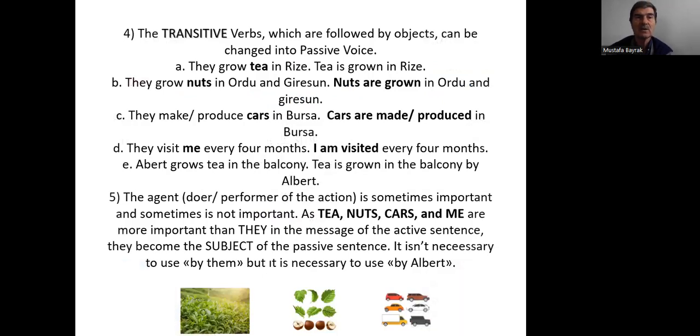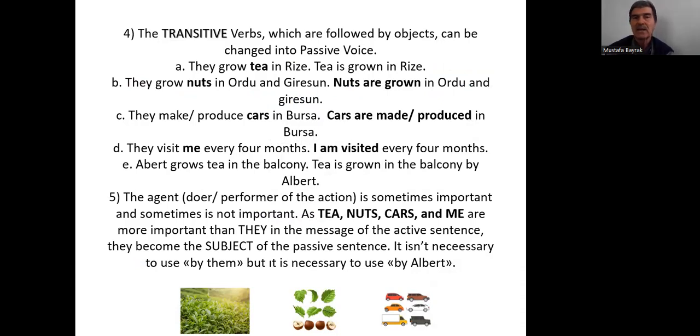Okay, now number 4, the transitive verbs which are followed by objects can be changed into passive voice. For example, in this video we are going to study the passive voice with simple present tense, like this. They grow tea in Rize. They subject, grow verb, tea object, in Rize is complement.